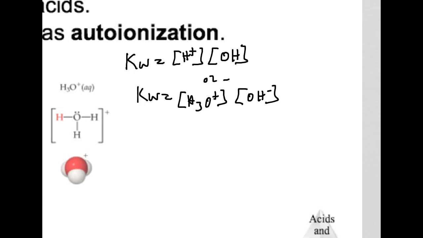Therefore, Kw would be expected to be large or small? Small, yes. Just checking your memories there. So the Kw is going to be small and much, much less than 1. And yes, it is 10 to the minus 14, a very small number.